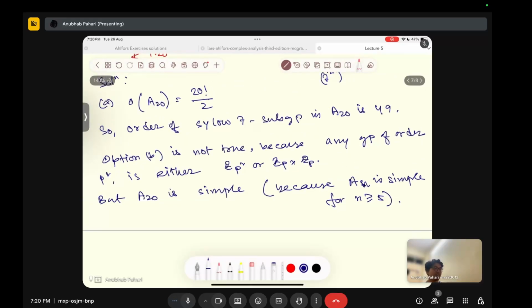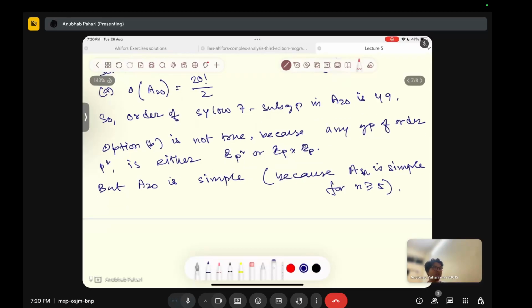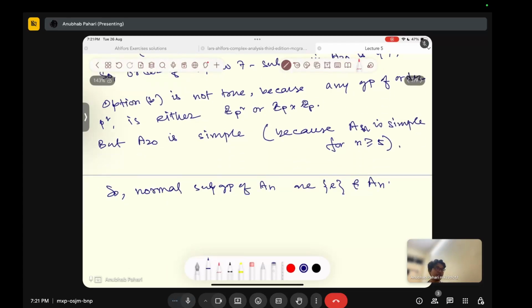H can't be normal. It's a normal subgroup only if they are of this format. But A_n is simple, so the normal subgroups of A_n are only E and A_n. So C is also wrong.